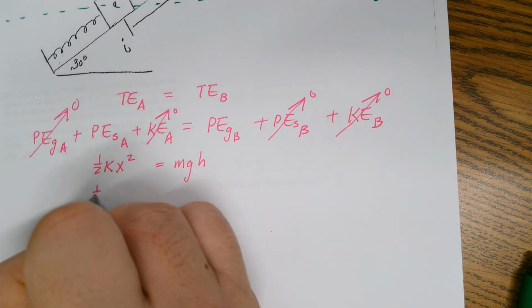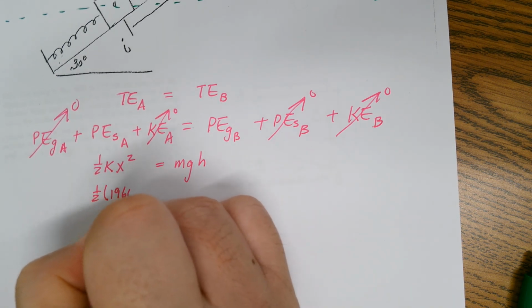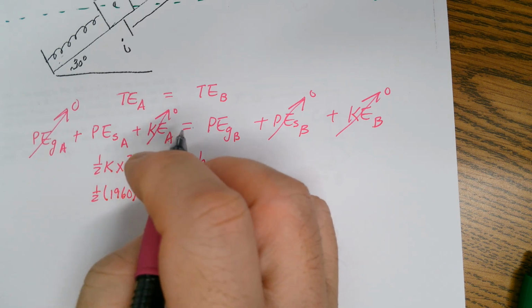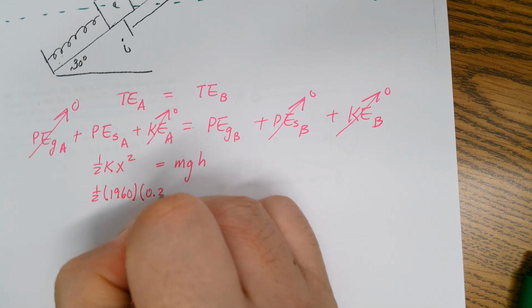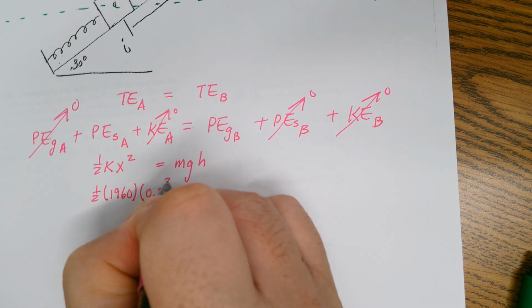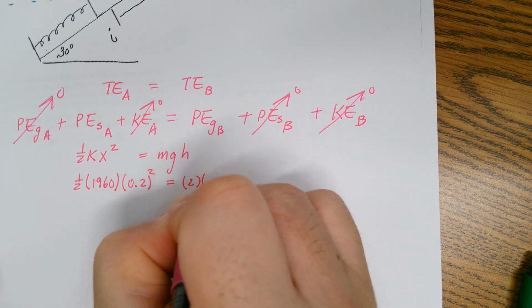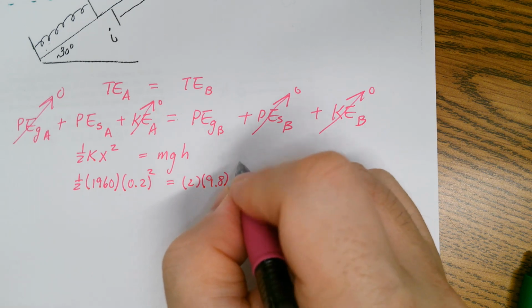Therefore, I have 1/2 times 1960 times 0.2 squared is equal to 2 times 9.8 times h.